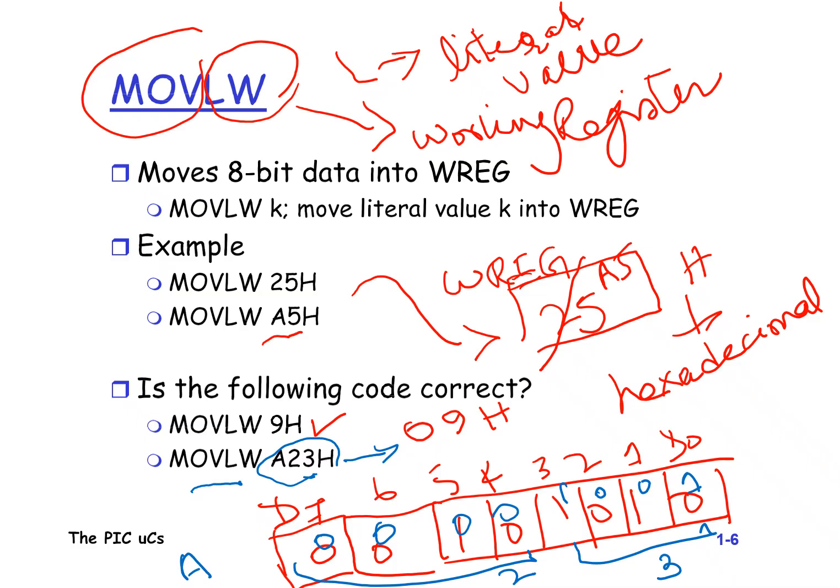So what really happens in the PIC microcontroller, this is a valid command, so it will not throw an error, and the second option will occur, that it will throw away the MSB, and the working register will be filled by the value 23H.